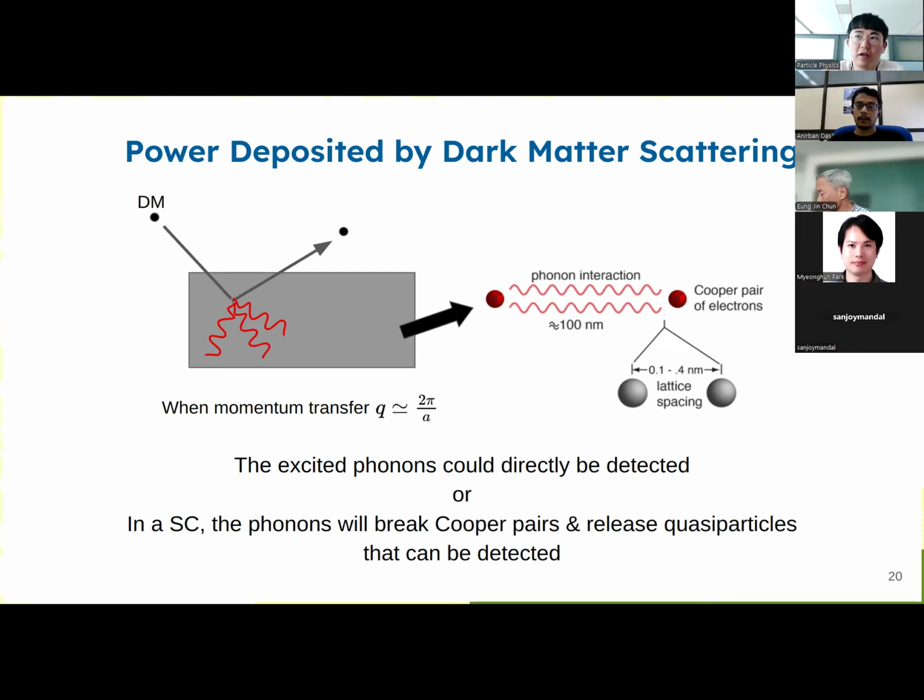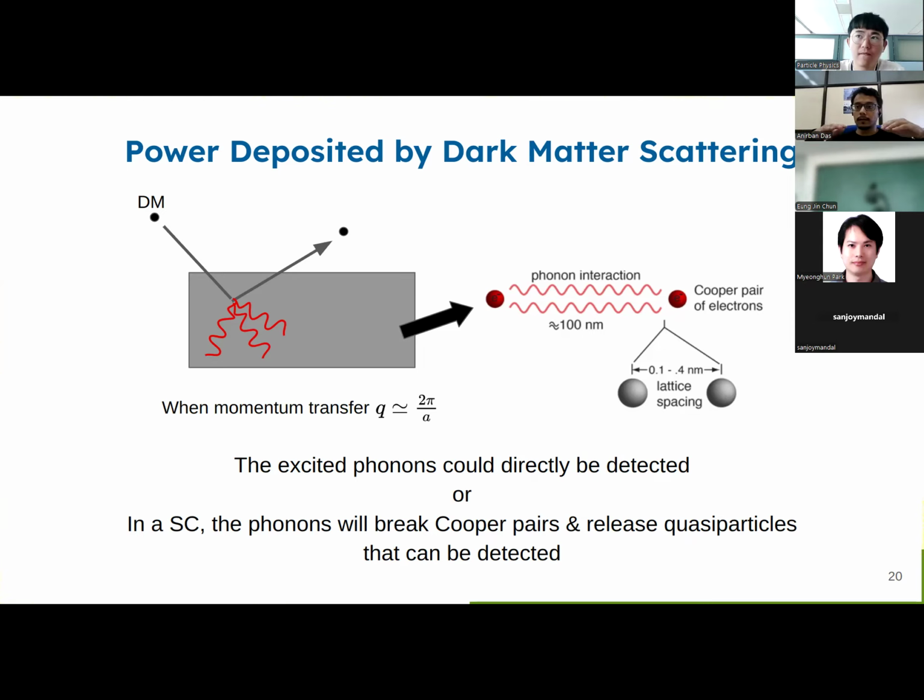This is kind of a very naive question. I see. So you're saying that if dark matter only scatters with electron, whether you can excite phonons? Is it possible? I believe that would be a bit difficult, because in a lattice, if you forget about the superconducting nature of the crystal, in just a normal lattice, the coupling between electron and phonon is not that strong, because the phonons live in the lattice space.